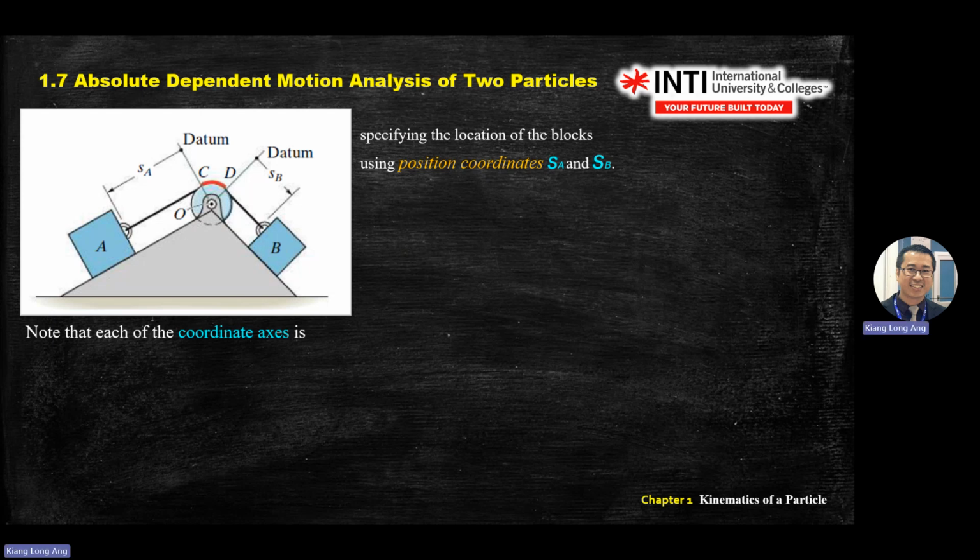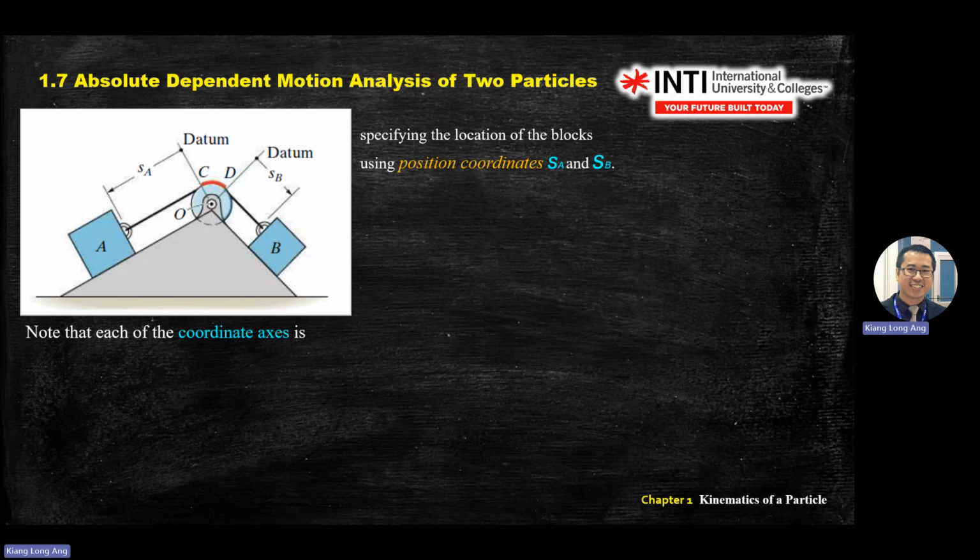And how do you know this is a question related to absolute dependent motion analysis of two particles? In the question, you will see the word datum there, or maybe it will not tell you it is datum, but you will see two lines with one dot and arrow. The dot is your starting point.